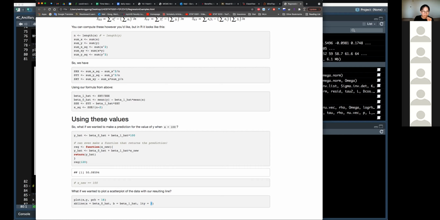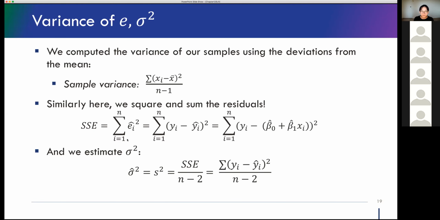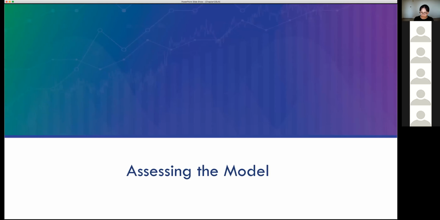Let's get back to our slides. Okay, we get how to do the estimation, how to do prediction and plots.